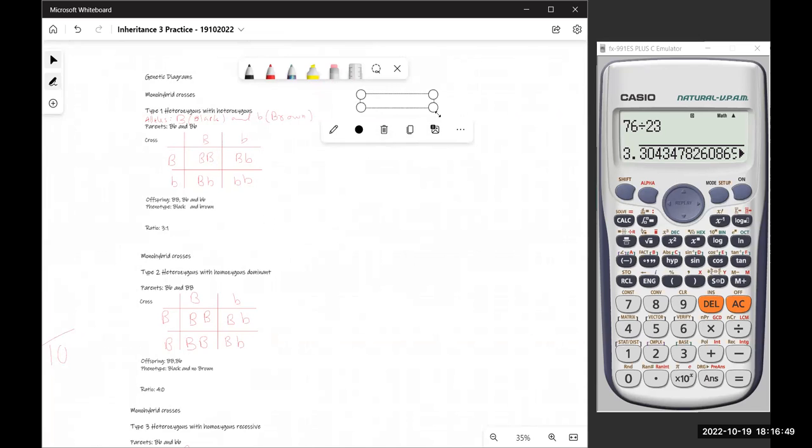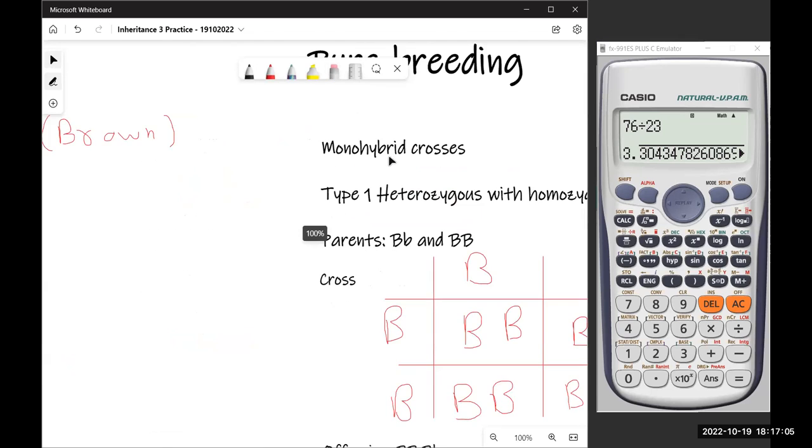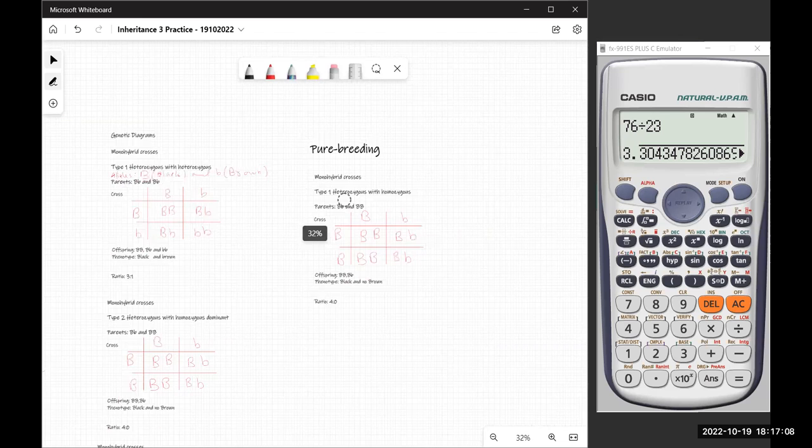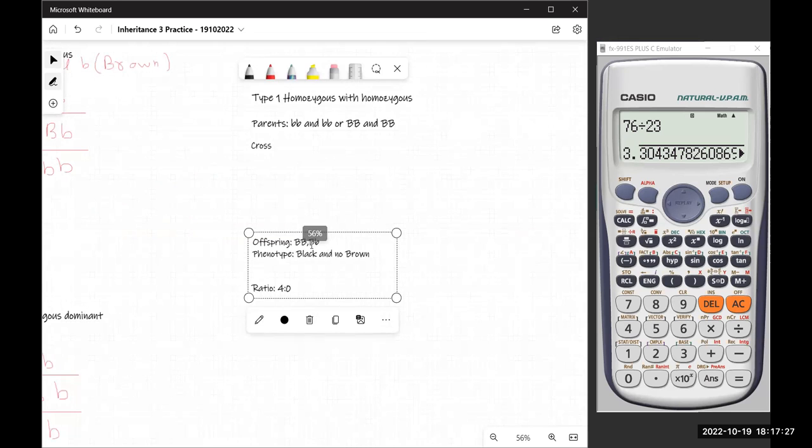The last thing we have is called pure breeding. So you can zoom into pure breeding.